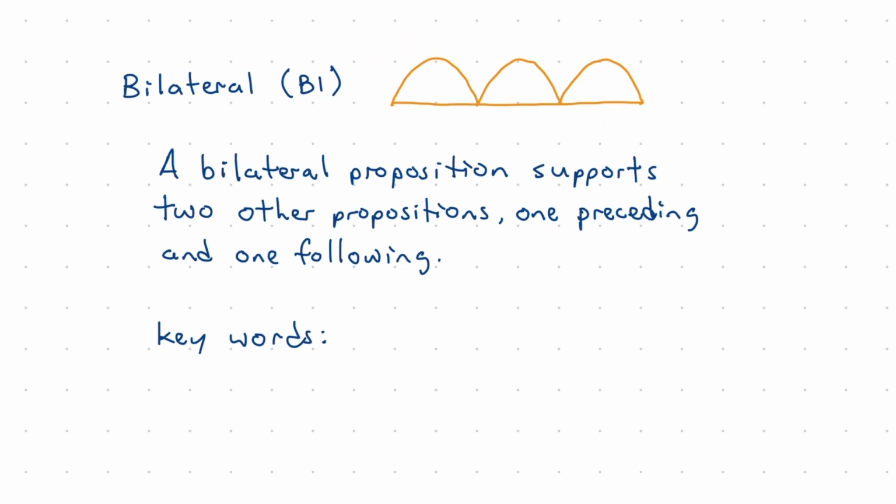In a bilateral situation, you're always going to have a central proposition that is supporting two other propositions or two other sets of propositions in both directions at once, one preceding and one following, all under one arc, one bilateral relationship.